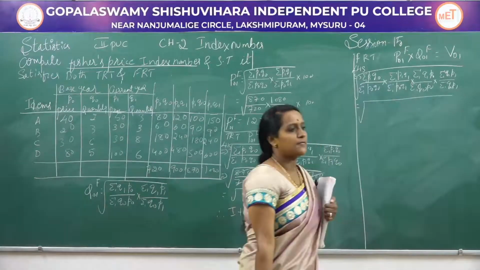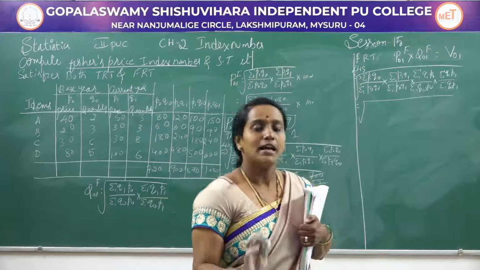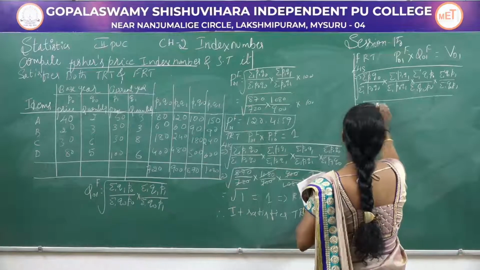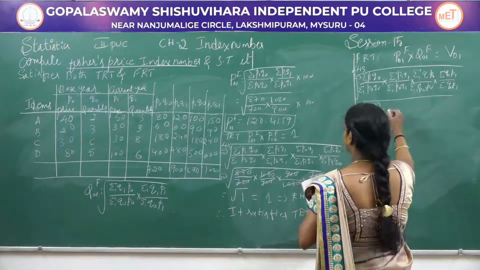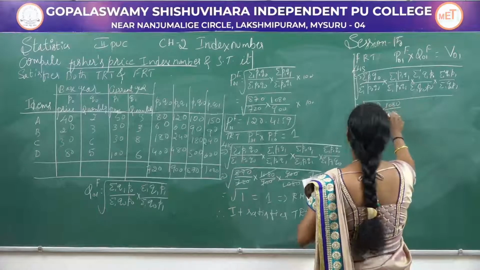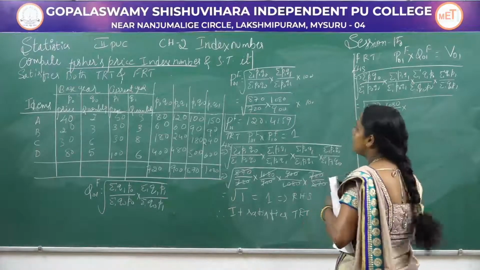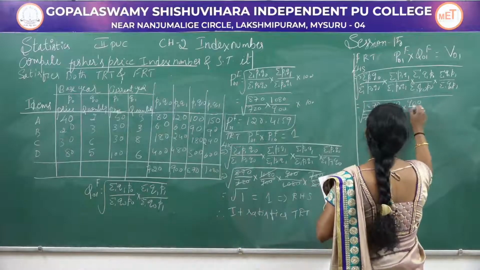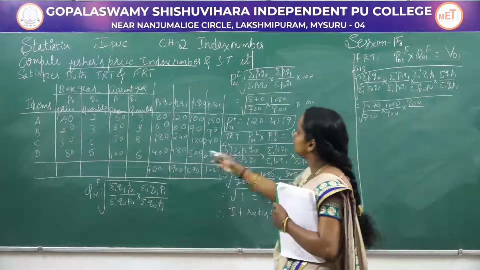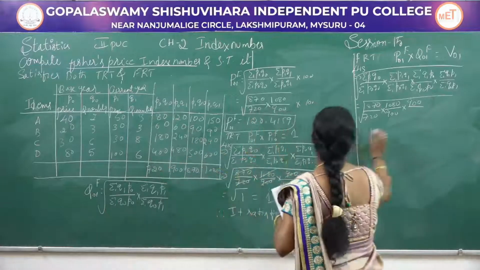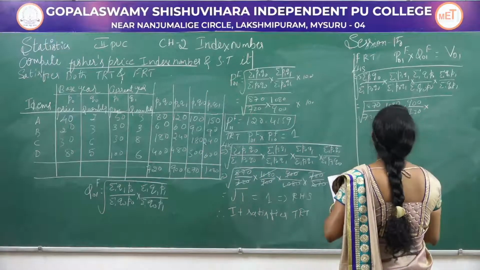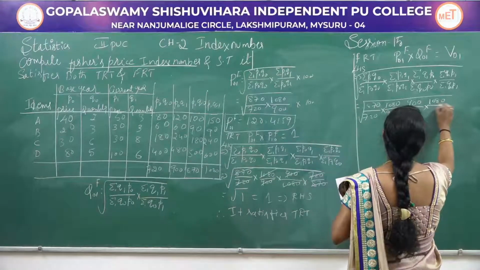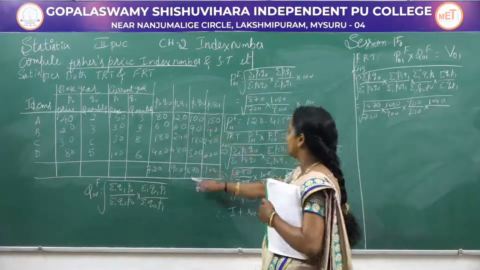Without substitution, if you solve the problem or if you cancel, it doesn't carry any marks. So it is 870 by 720 into 1080 by 900 into Q1 P0, the total is 900, and Q0 P0 is same as P0 Q0, it is 720, into Q1 P1 is same as P1 Q1, 1080, and Q0 P1 is 870.